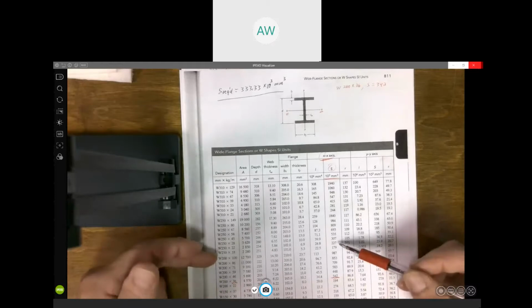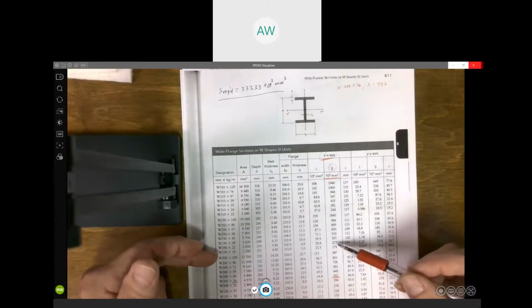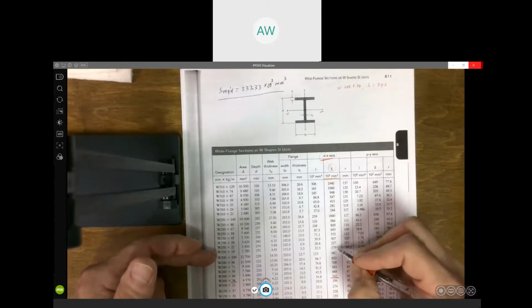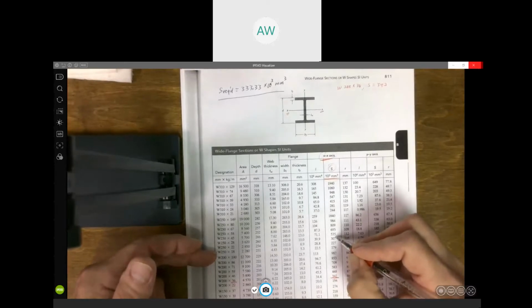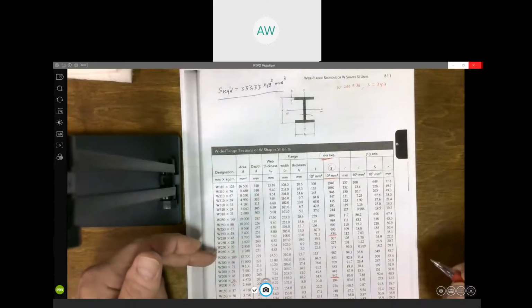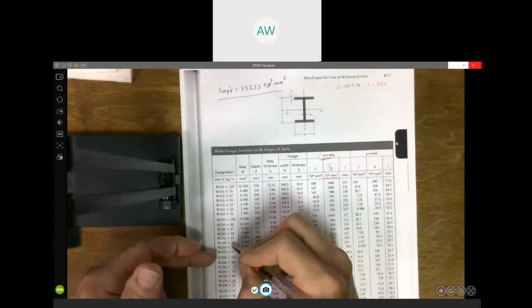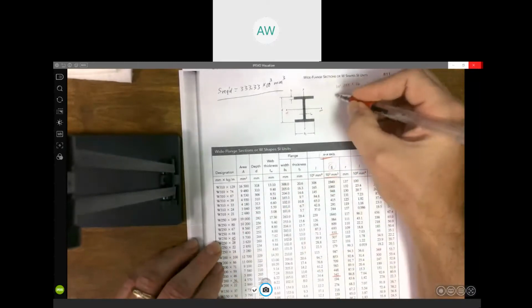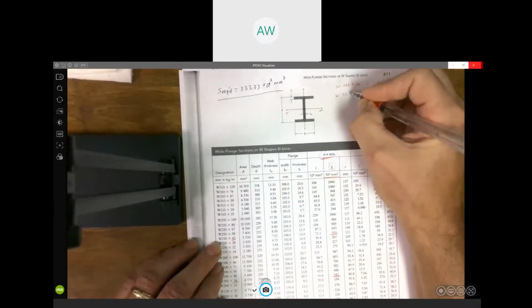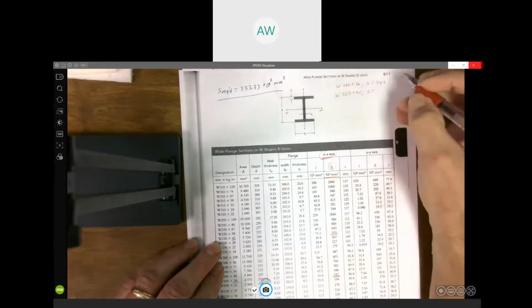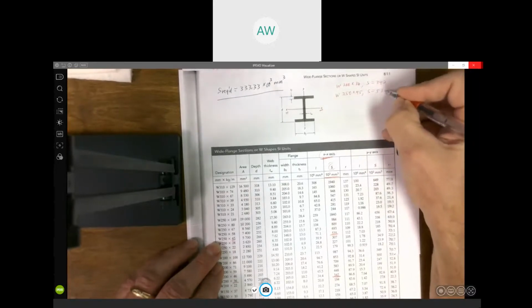So now let's go up to the next group. Go to the W250s. Find one there, starting out 179, 307. That's the first one I come to that's bigger than 333. But it's a W250 by 45, right, and its S is 535.